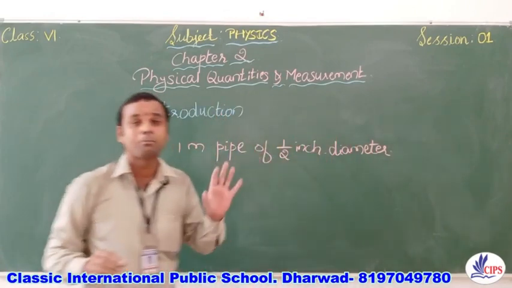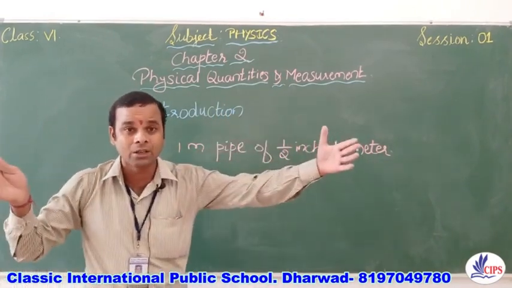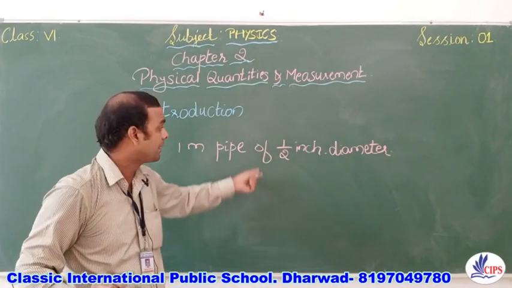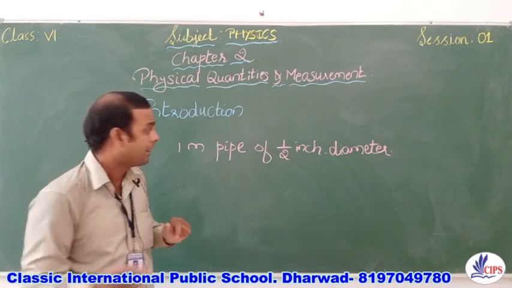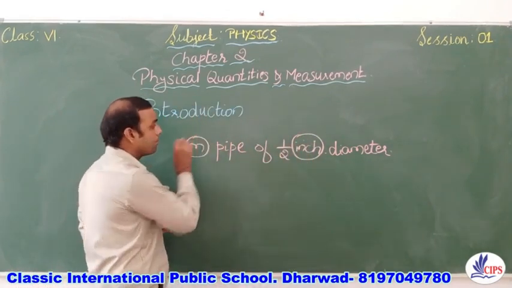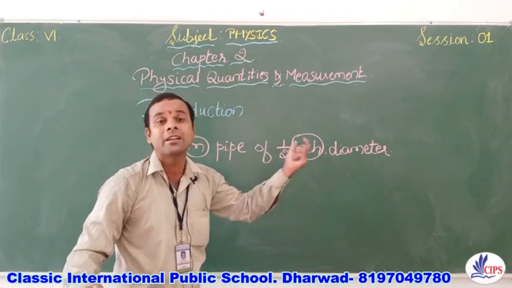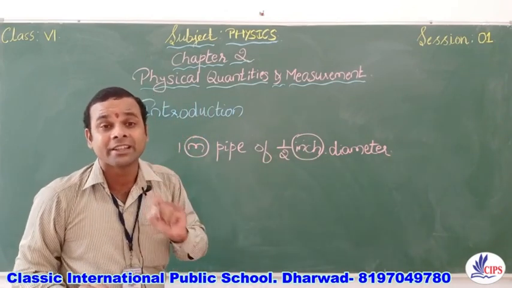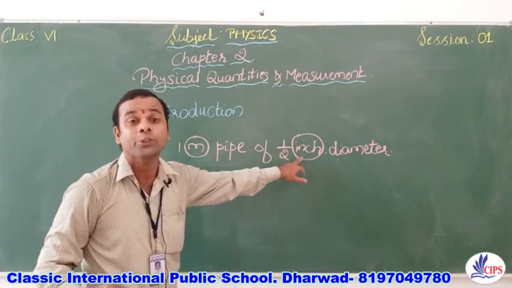You are buying a pipe of 1 meter length and half-inch diameter. So this term meter and this term inch are nothing but the units. Is this clear? These two are known to be the units.